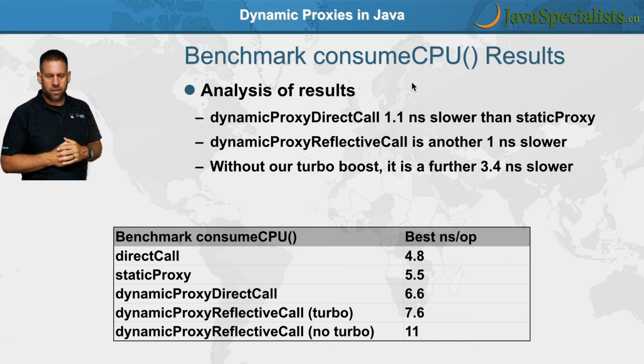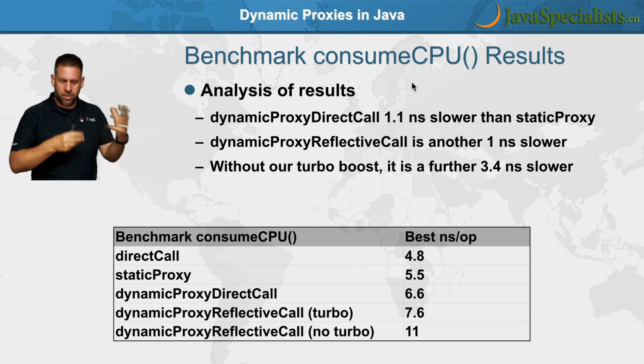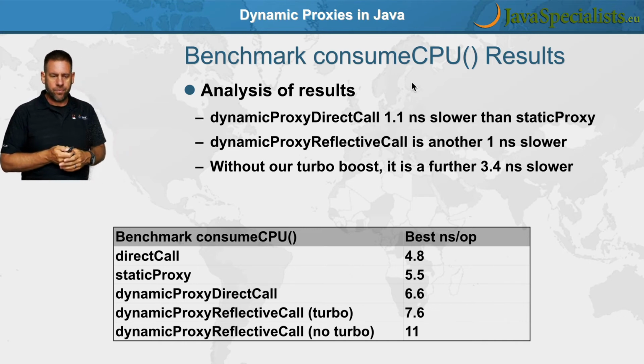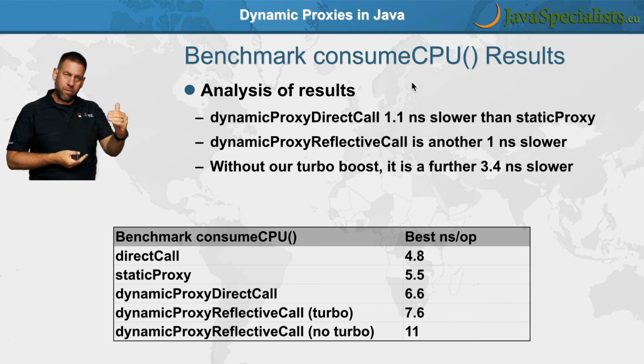The differences are smaller here because I'm not allocating any objects. Because there's no object allocation, I don't have any cost in addition to just the CPU that I'm running over here. And here you can also see a larger difference between the turbo on and turbo off.